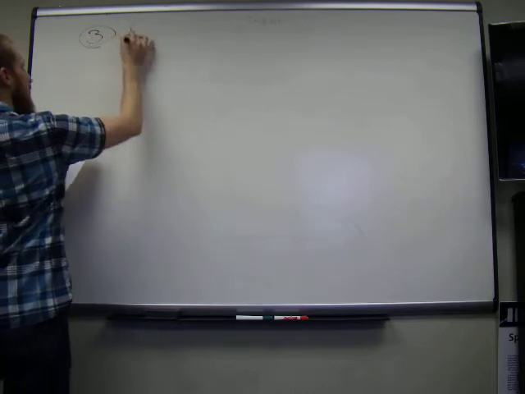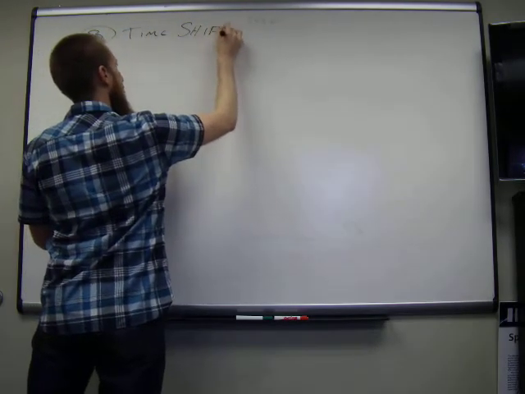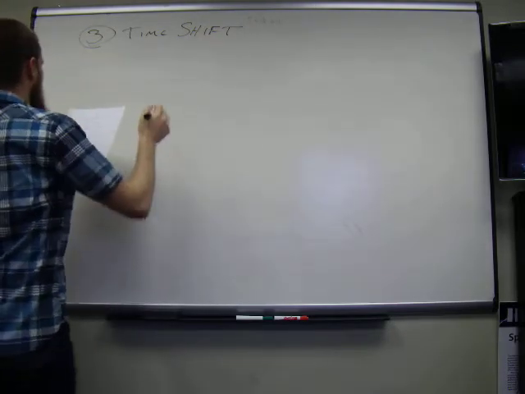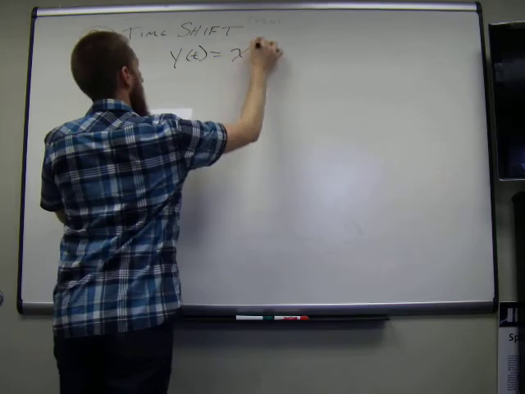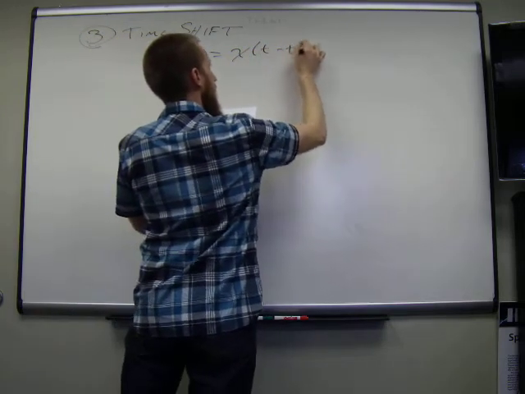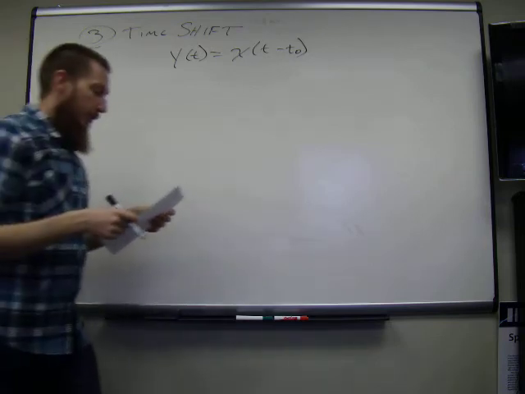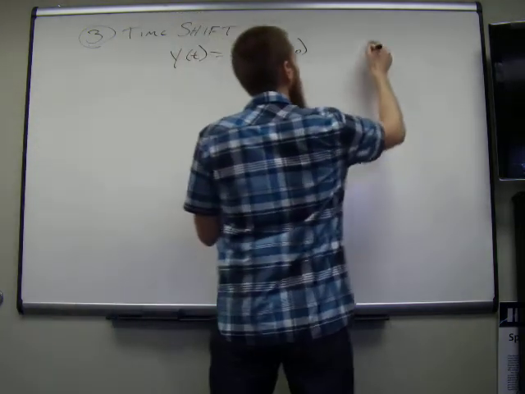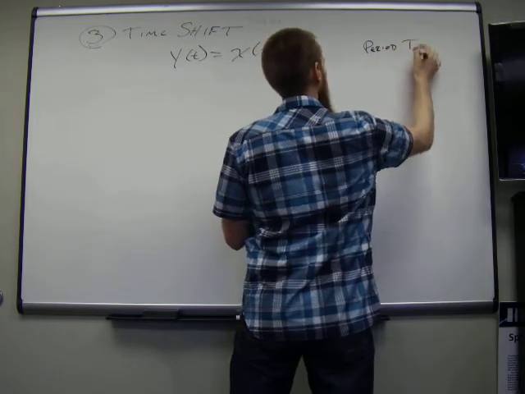Alright, property number 3, the time shift. Okay, y of t is equal to x of t minus t naught, time shift. But it also has a period of t naught. Keep that in consideration.